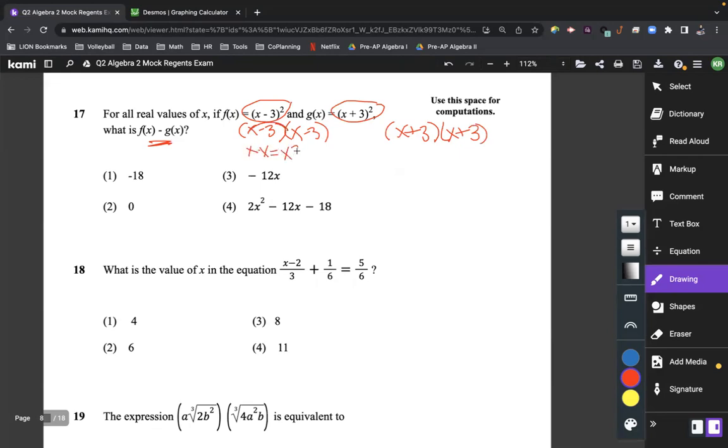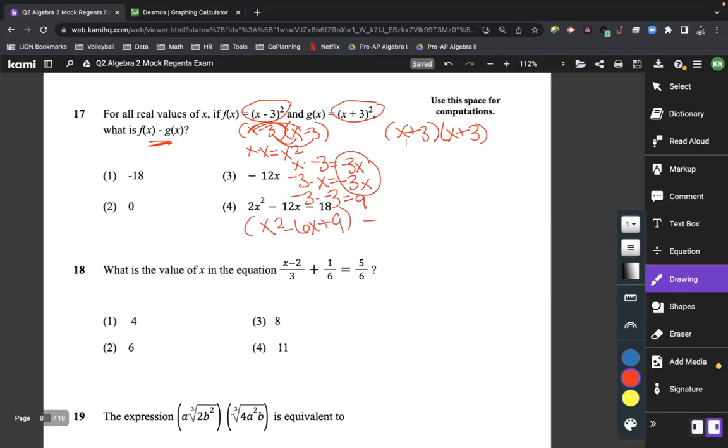X times x equals x squared. X times negative 3 is negative 3x. Negative 3 times x is negative 3x. And negative 3 times negative 3 is equal to 9. Like terms. So for this one, I get x squared minus 6x plus 9. Boom. That's my f of x.